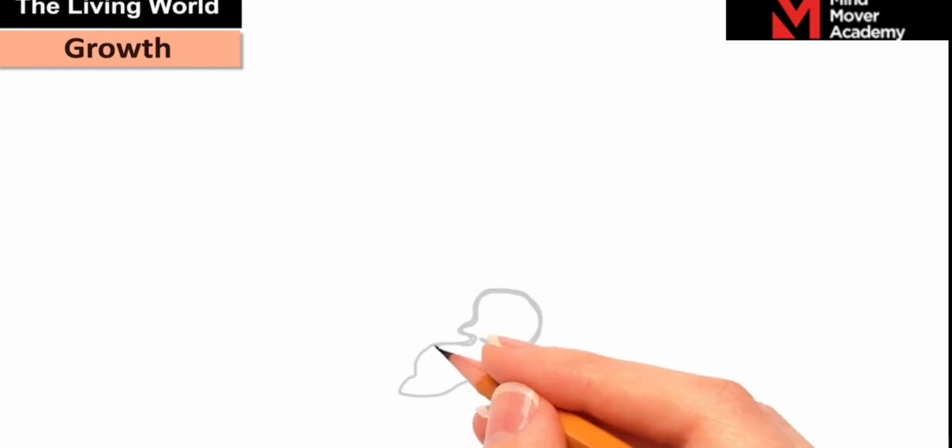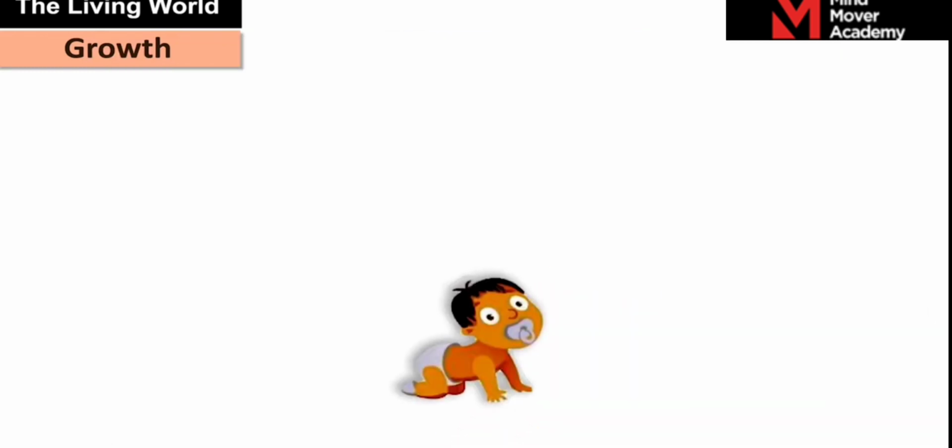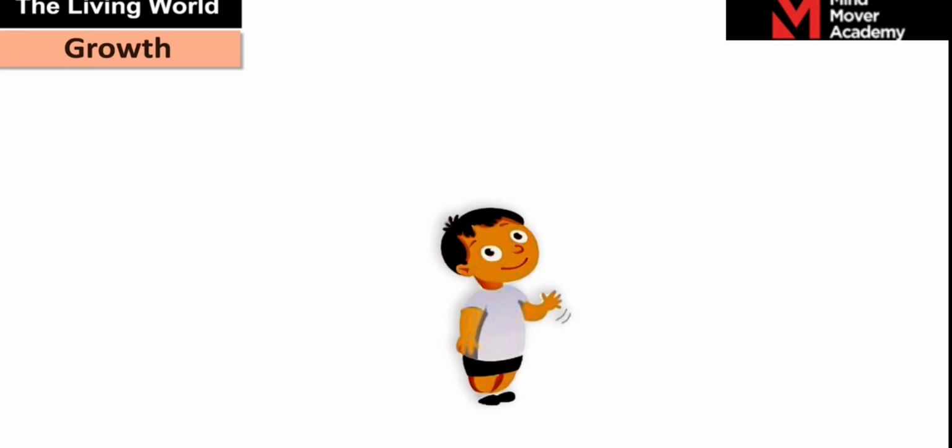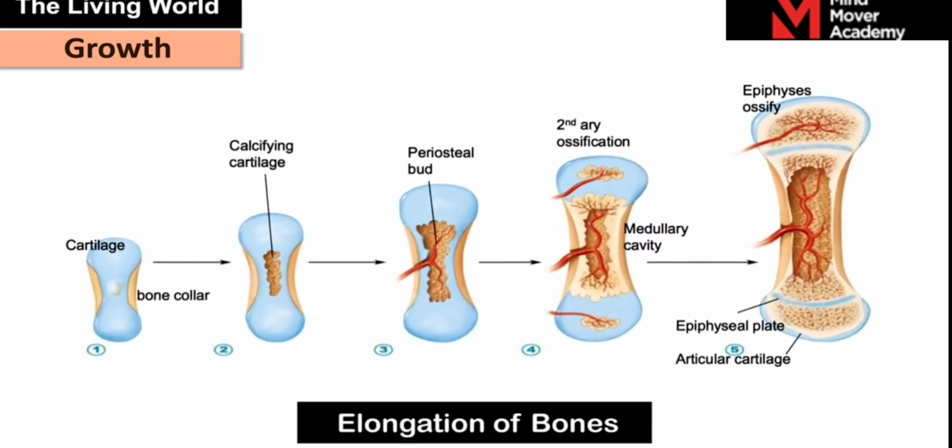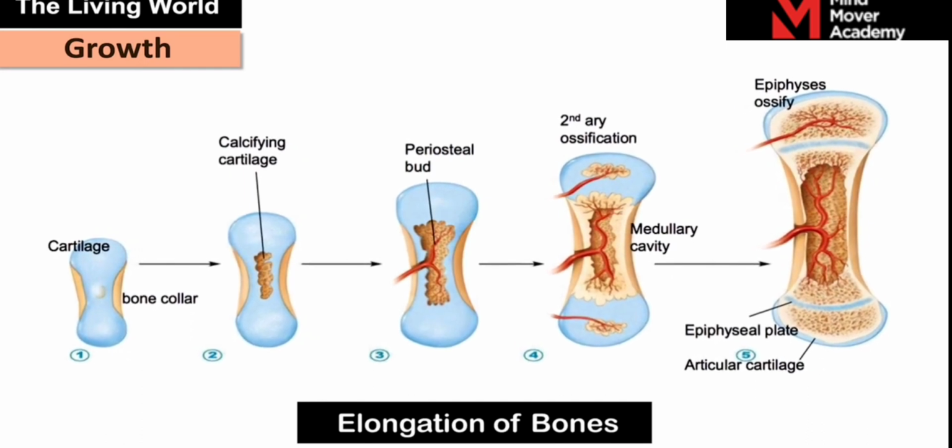For example, the increase in the height of an individual is due to the increase in the number of muscles and cells, and of course the elongation of the bones inside the body.